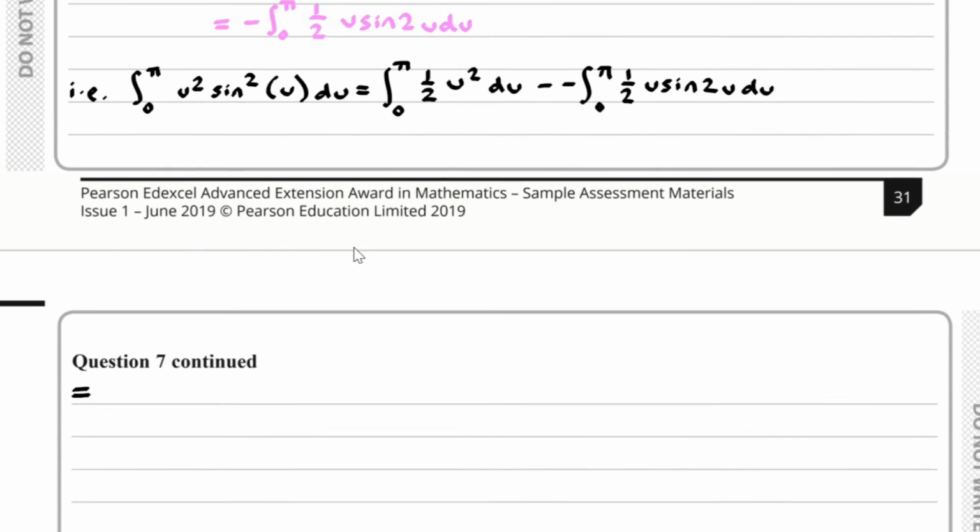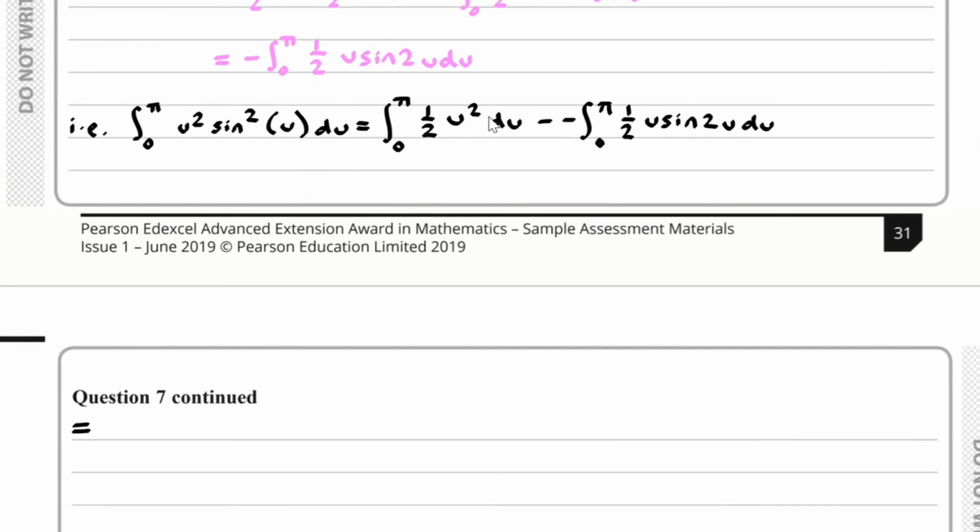Well, if I integrate 1/2 u squared, I end up with a 6th u cubed. So I've got a 6th u cubed, which I need to evaluate between 0 and pi. And then the minus and the minus give a plus.